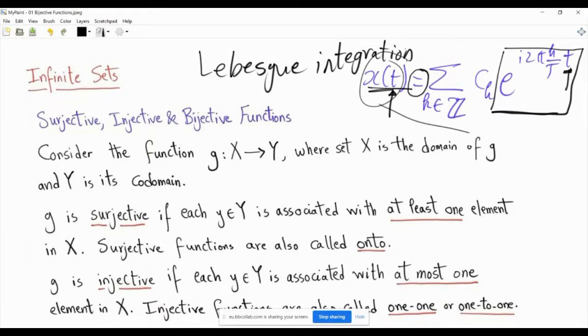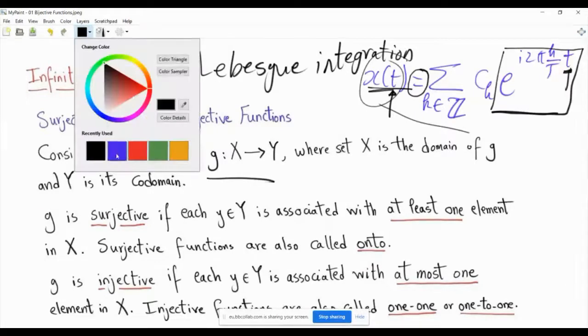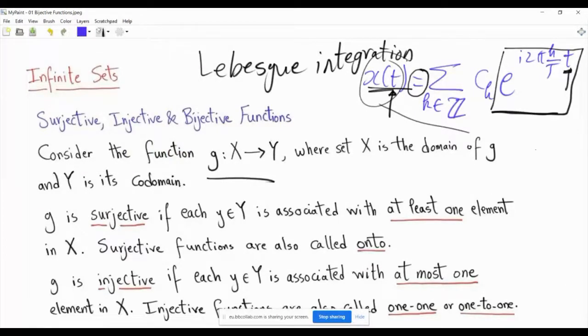Okay, so what are these things? A function g is basically surjective. Okay, so here we have a domain x and a codomain y. These are two sets, and we define a function from x to y. So we say that the function is surjective if each element in y is associated with at least one element in x.